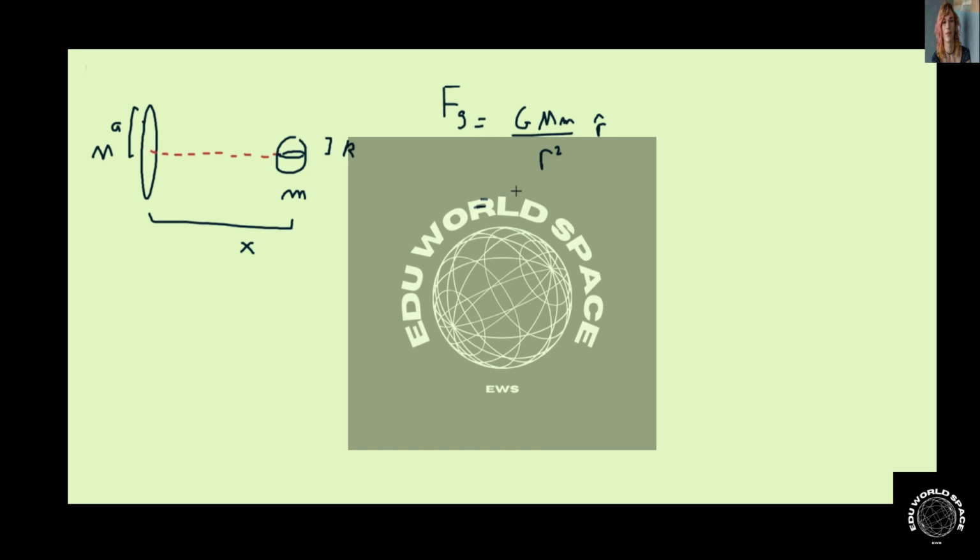Instead, we need to set it up as an integral. So G little m, and then we'll say dm. So we're taking a little differential piece of the ring and just looking at the force that it makes. And then we're going to add up all those essentially. So we have dm, and then in the r hat direction.